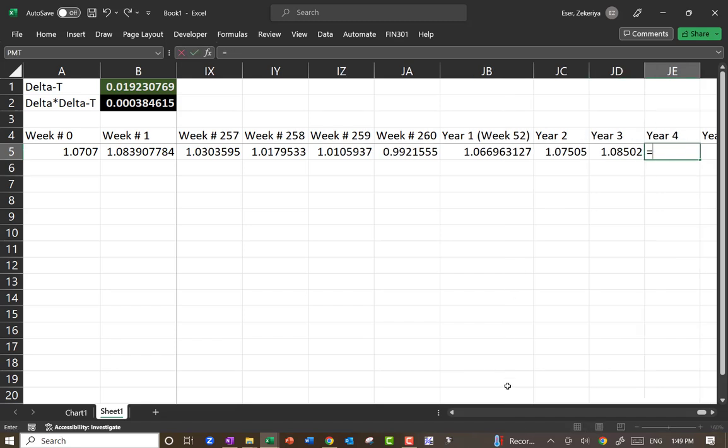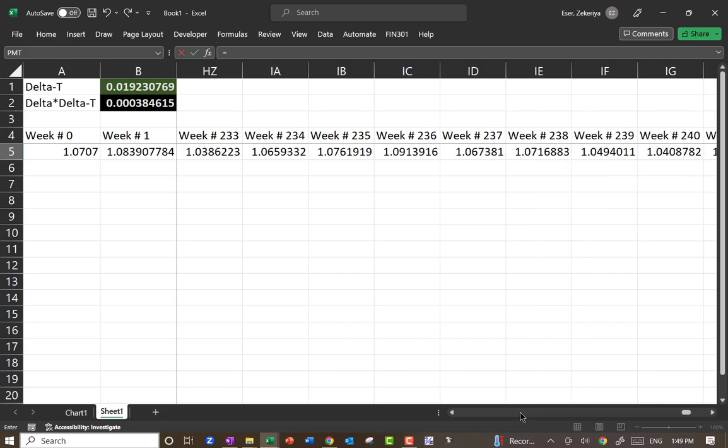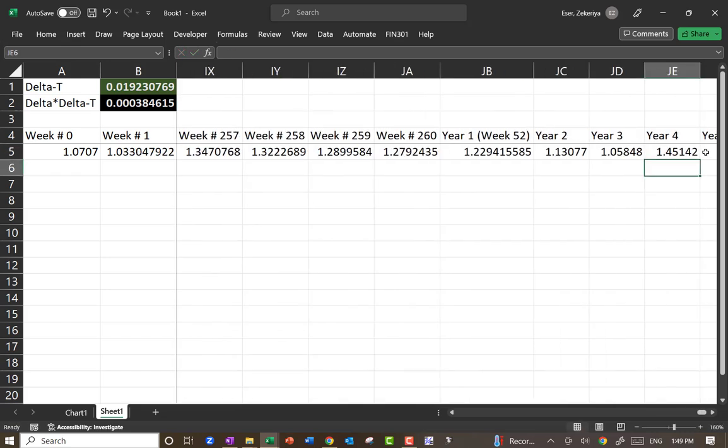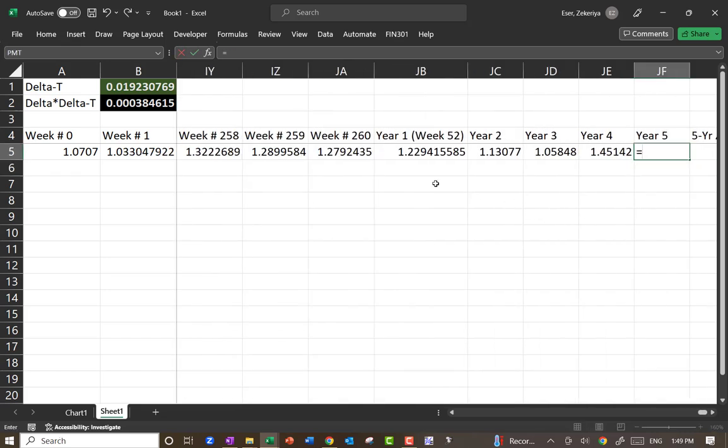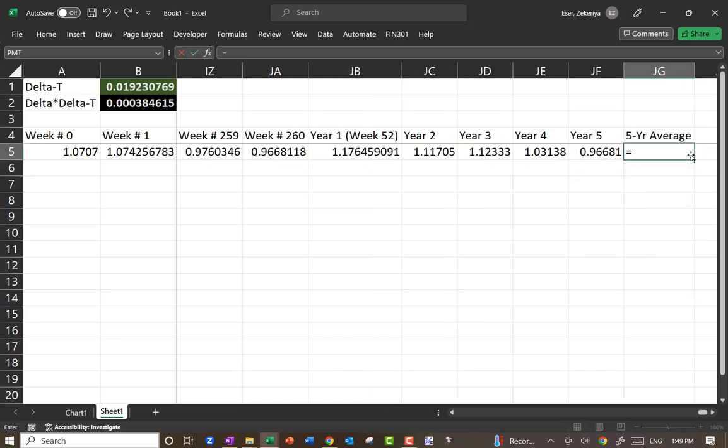Year 4, week 208. And year 5 is week 260. And 5-year average is average of all these weeks except year 0 or week 0.